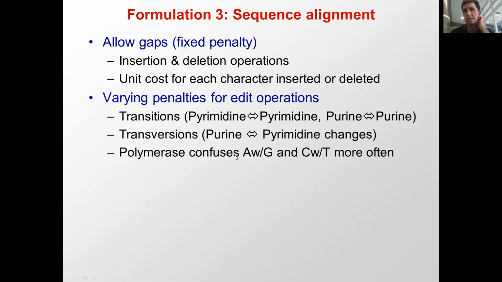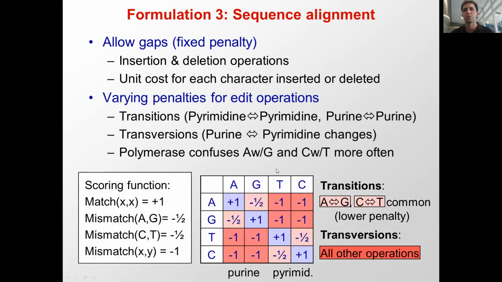And the reason for that is that polymerase very often confuses A with G and C with T. So A and G are both purines, C and T are both pyrimidines, and they're much more easily translated into each other.